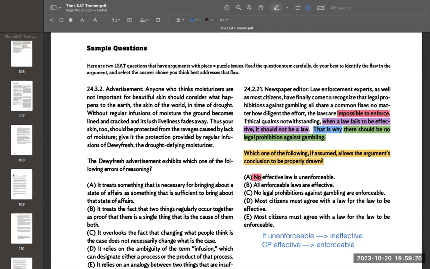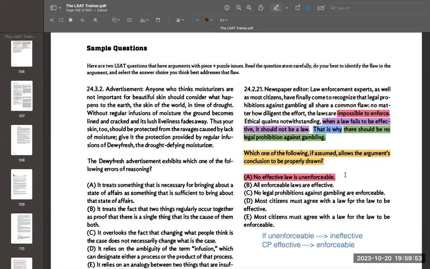So in this case, we could take effectiveness or an effective law, negate it, make it the necessary condition in a statement, and unenforceable would become the sufficient condition. So that's how we would get, if it's unenforceable, it must be ineffective. Right, and since that's exactly what we want, A must be the correct answer.